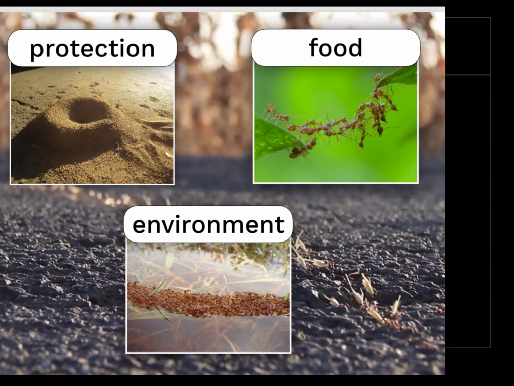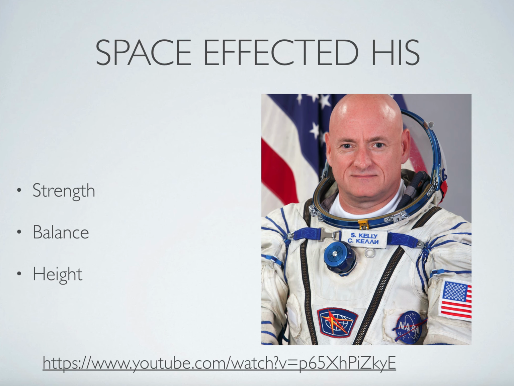Speaking of environments and traits, do you remember when we learned about Scott Kelly, the astronaut who spent a year in space? And when he spent a year in space, 3 of his traits were affected: his strength, his balance, and his height. So because gravity is different in space than it is on Earth, his body had to adjust to his new environment, and he physically changed.